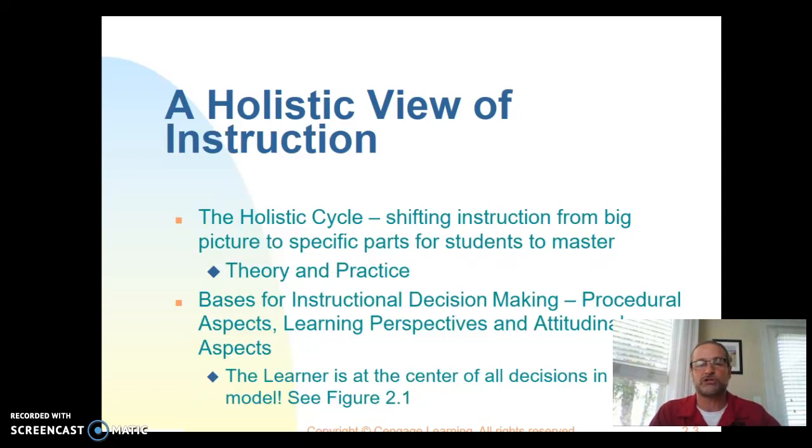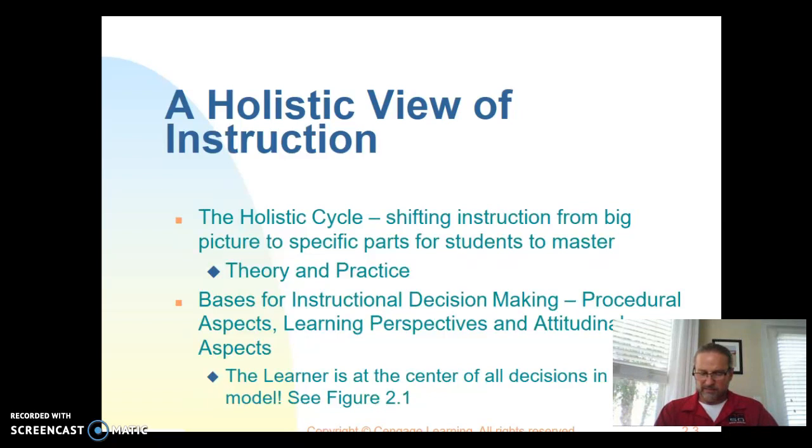The basis for instructional decision making. Orlick talks about procedural aspects, learning perspectives, and attitudinal aspects. He even gives you a great figure. It's 2.1 on page 23 of the book. And he places the learner at the center of all the decision making in this model.